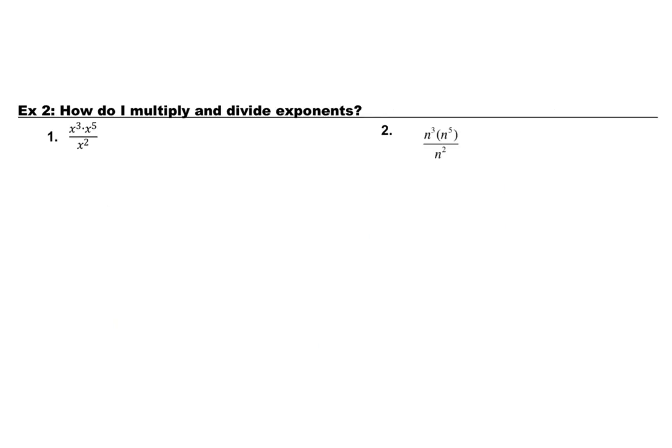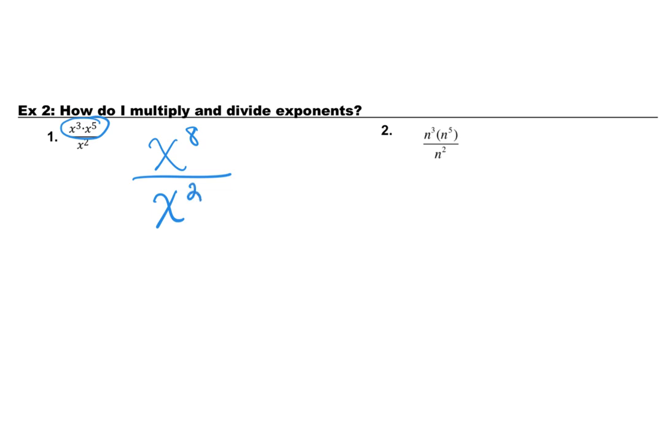All right, example number 2, how do I multiply and divide exponents? So now we're going to apply everything that we just have learned about multiplication and division. If you have x to the third times x to the fifth divided by x squared, we are just going to multiply on the top, and we'll have x to the eighth, because we will have added those exponents together, divided by x squared.